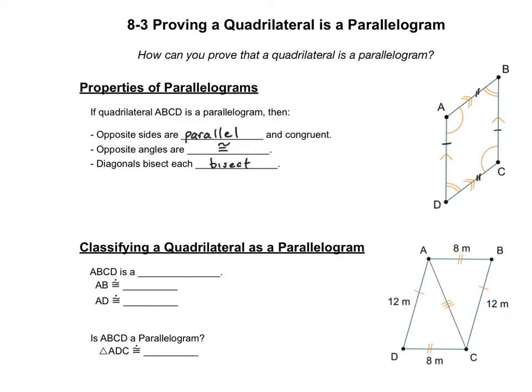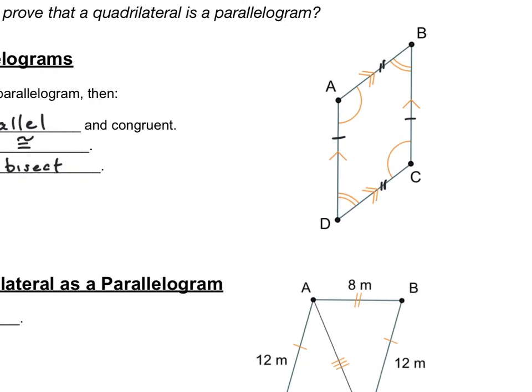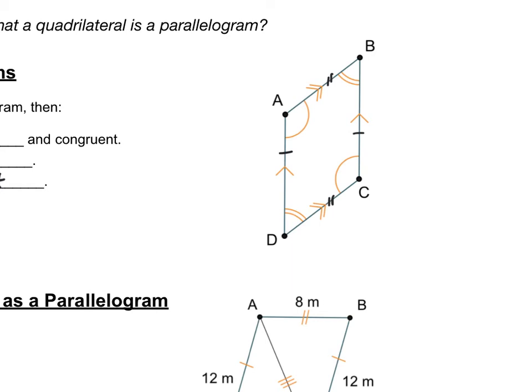In bisecting, we have a diagonal BD and a diagonal AC, and they will bisect each other, creating this point right here, which would be point E, if we were to label it. And I know that AE is going to be congruent to segment EC, because that is the definition of bisecting, to cut something in half.